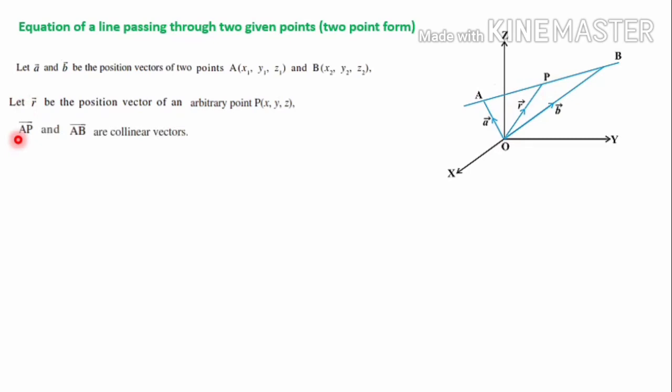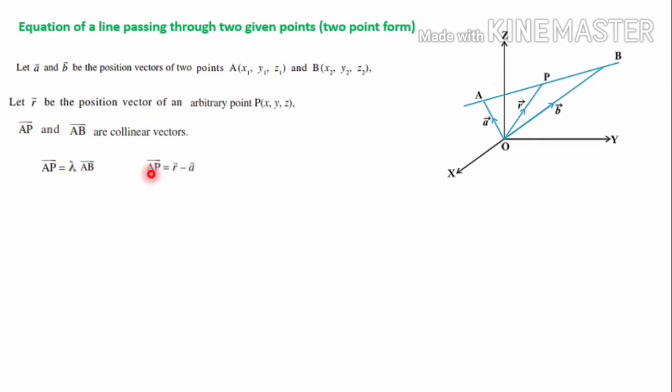Then vector AP and vector AB are collinear vectors, because AP and AB are lying on the same line. Collinearity of vectors and parallel vectors, both conditions are the same, that is, one vector will be a scalar multiple of the other. That is, AP is equal to lambda into AB.